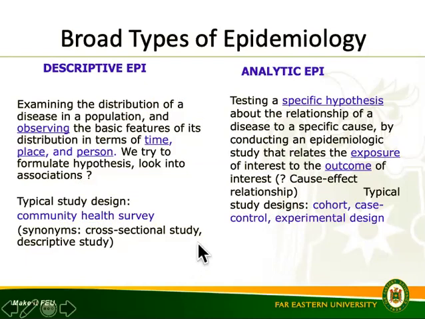For analytic epidemiology, we test a specific hypothesis about the relationship of a disease to a specific cause by conducting an epidemiologic study that relates the exposure of interest to the outcome of interest to establish a cause and effect relationship. And the typical study designs in analytic epidemiology are cohort, case control, or the experimental design.